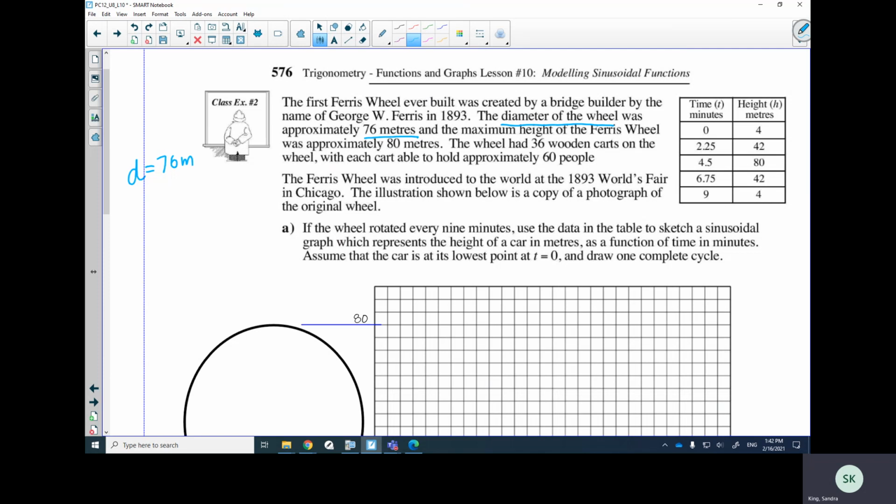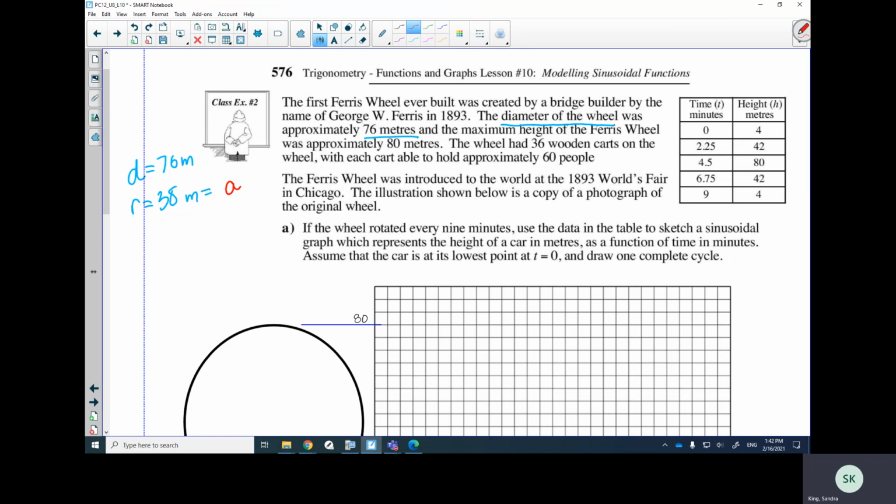Logan, what am I going to do with the diameter? You're going to divide it by 2 to get the radius. Logan, do you have what that is? 38. And as soon as you have the radius, what parameter did you just calculate? The amplitude.